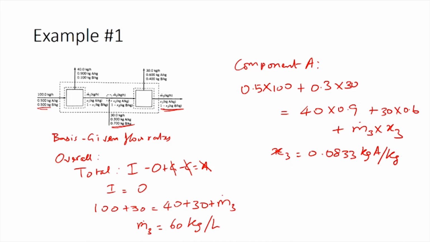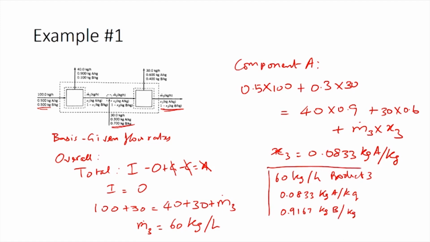So, the product stream 3 basically contains 60 kilograms per hour product 3, which contains 0.0833 kilograms of A per kilogram. And the rest, which is 0.9167 kilograms, would be the composition of B per kilogram of the product.